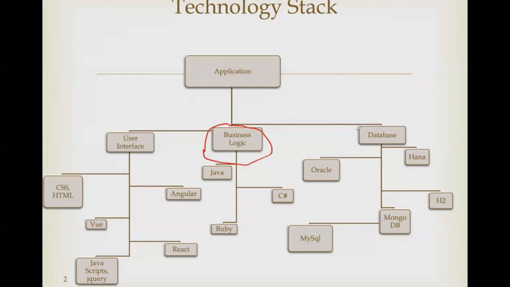The database can be of different types, mainly RDBMS. RDBMS means relational databases. The relational databases are your Oracle, MySQL, HANA DB, and then S2. And NoSQL databases such as MongoDB.